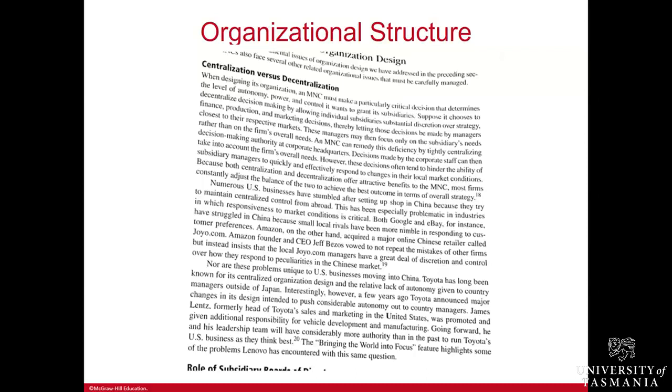This has been especially problematic in industries in which responsiveness to market conditions is critical. Both Google and eBay, for instance, have struggled in China because small local rivals have been more nimble in responding to customer preferences.